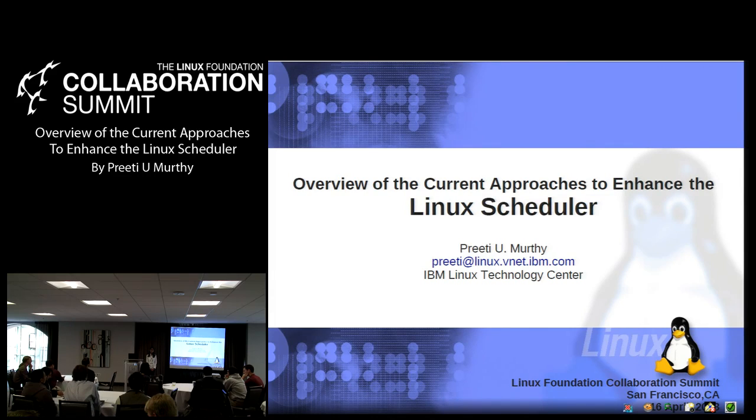Off late I've been working on the power aware scheduler very closely with the community, and my focus will mostly be on that. Although the topic does say the overview of the current approaches to the Linux scheduler, I will be focusing more on the power aware scheduler because it itself will take a lot of time.